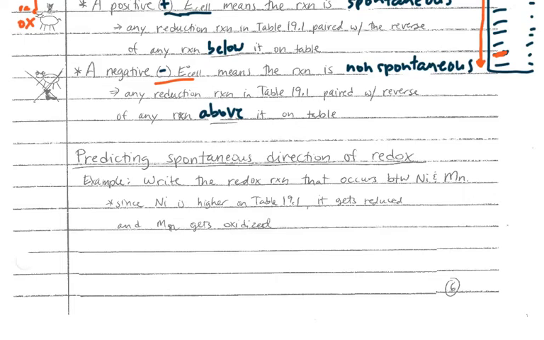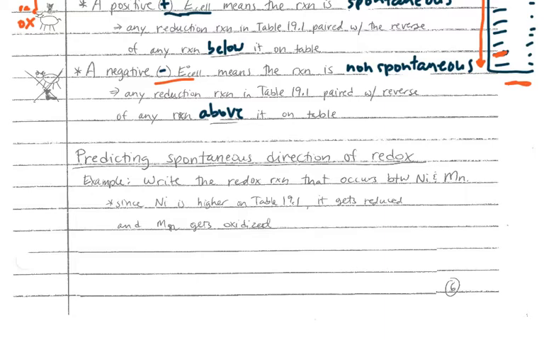So we're given two metals, nickel and manganese, and it says write the redox reaction that occurs between nickel and manganese. Well, first we need to figure out which one is going to be oxidized and which one's going to be reduced. In other words, which one is higher up on that table 19.1.